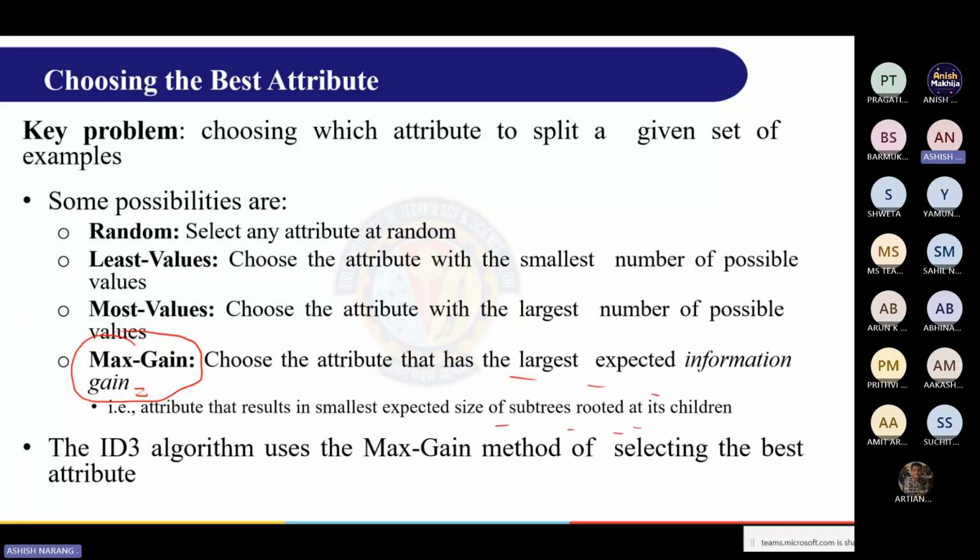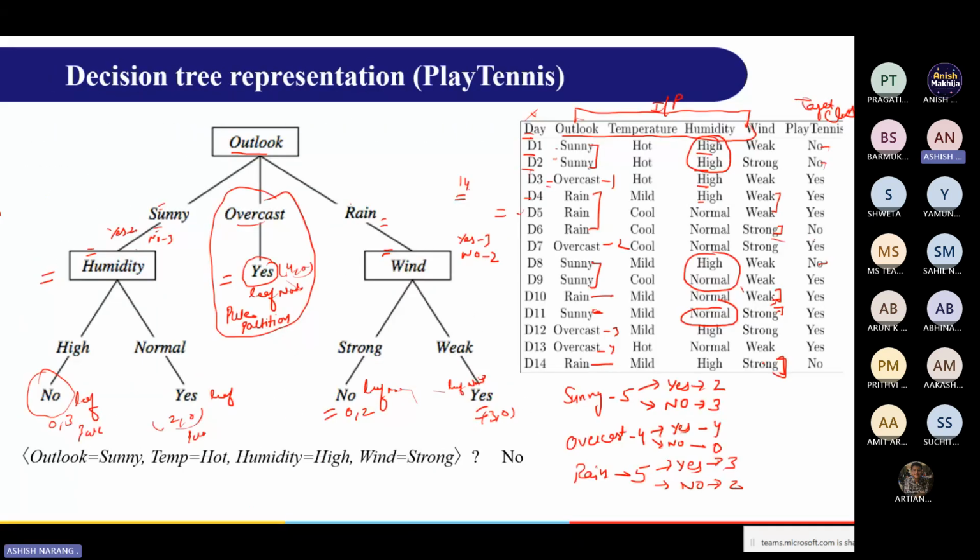Now, when I look at my data set, there are two classes, play tennis, yes and no. So the number of values in the target feature are the number of classes that I have. The target feature has two classes, yes and no. Now, when I look at the data set, there are 14 records.